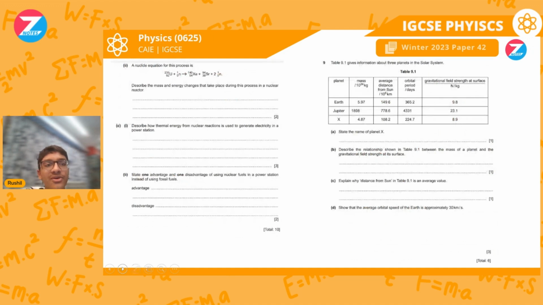A nuclide equation for this process is given below. Describe the mass and energy changes that take place during this process in a nuclear reactor. So this is what I was just talking about. The mass given is 235 of uranium. Let's ignore the neutrons for now. And the mass of the products is 140 and 94, which is 234.